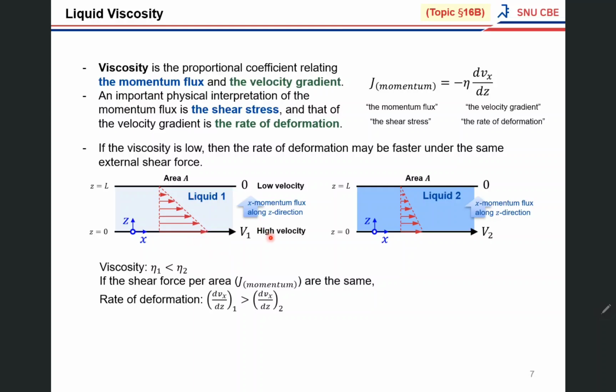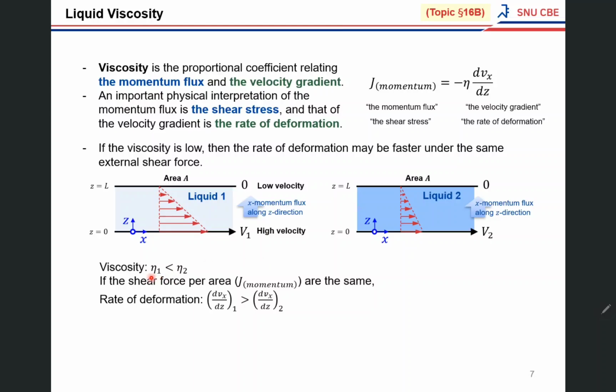So we have the high velocity and low velocity from the bottom plate and top plate. And the low velocity here is according to the no slip condition, so we have a stationary top plate. So at z equals L in both liquids, the liquid velocity is 0, but due to the difference in the viscosity, even though you apply the same shear stress, the velocity gradient steepness is different.